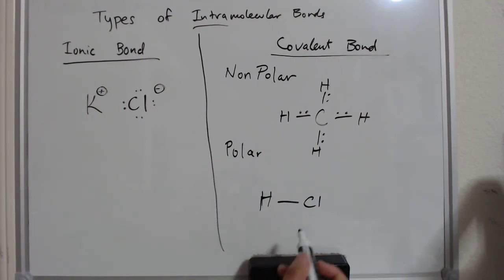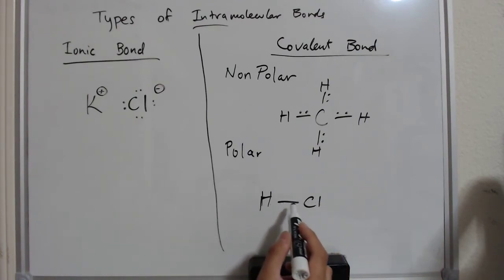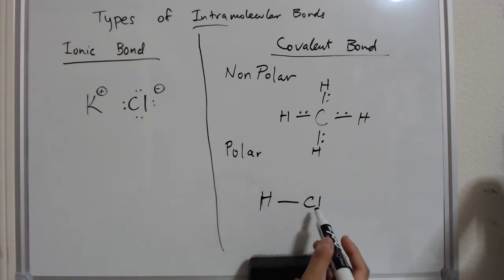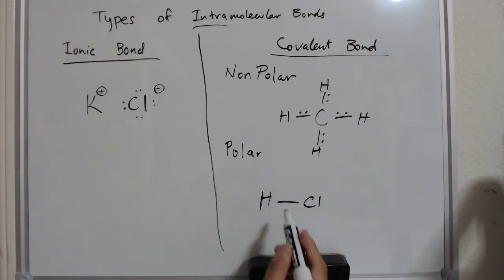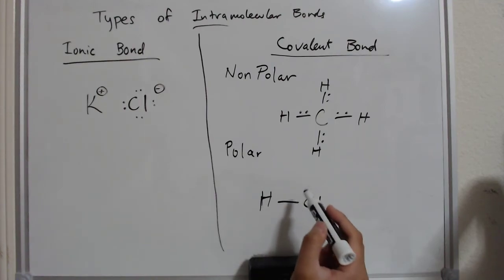So what happens here is chlorine, when it comes to bond with hydrogen, will say, "Hey, give me your electrons," but hydrogen's going to fight for it. But chlorine is much stronger, it has much more desire to grab onto those electrons. But hydrogen just won't let go.